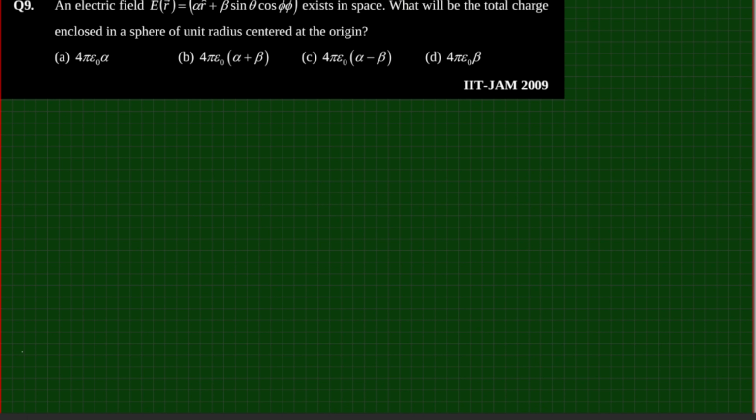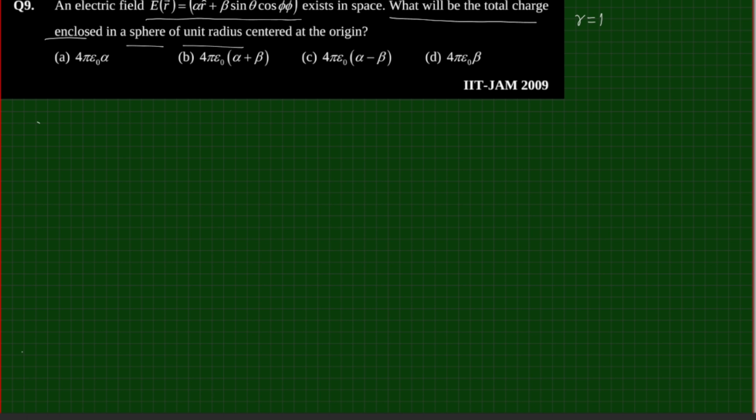Next question is 9, where electric field is given, and we have to calculate the total charge enclosed in a sphere of unit radius. So radius is 1 and it is a sphere.